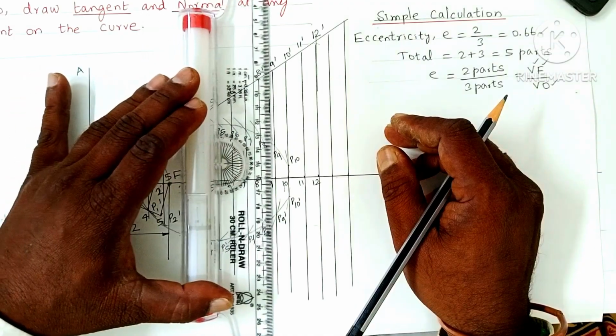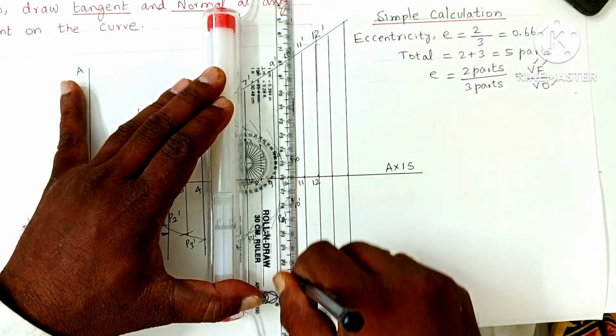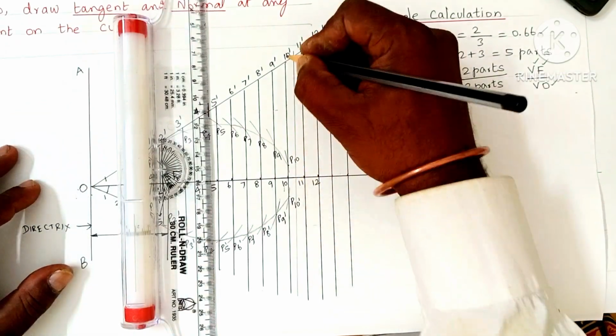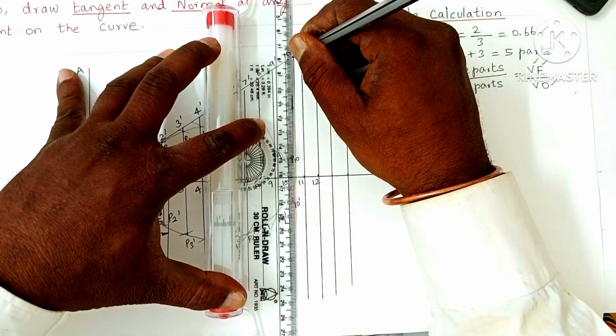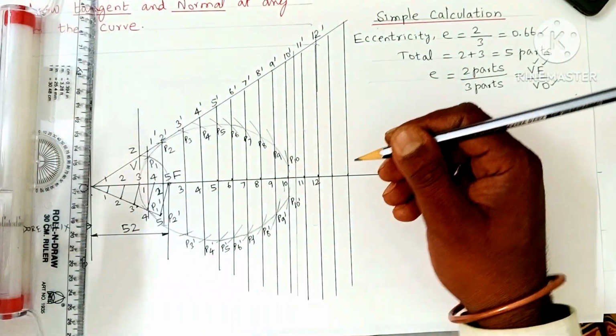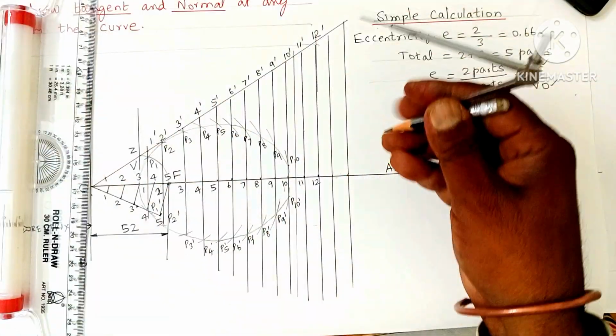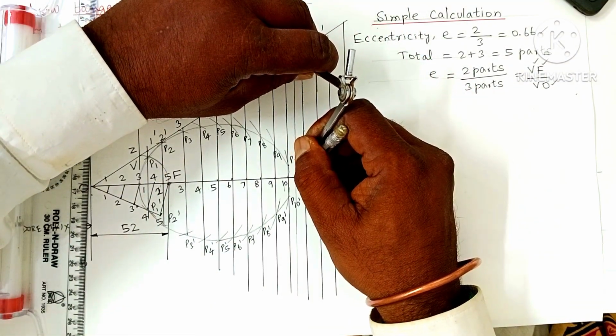So after the 10th vertical line, the gap is reduced. Say I draw one vertical line randomly here. Let me check whether this comes for the opposite vertex. Take the vertical distance in your compass, that is between 10 and 11.